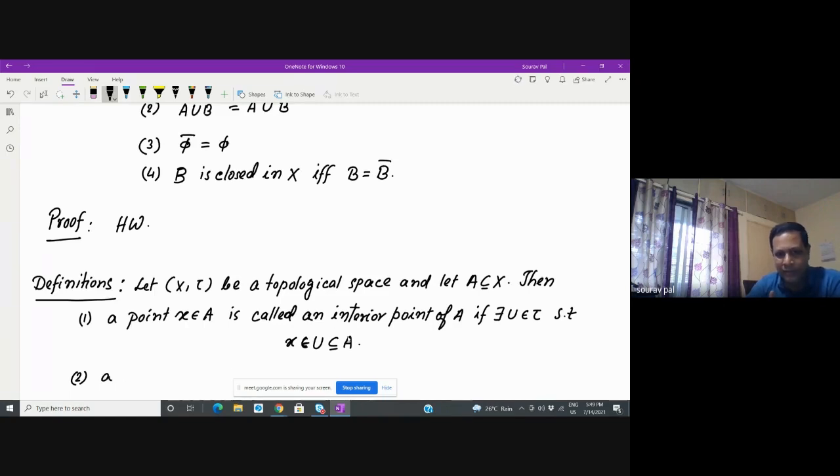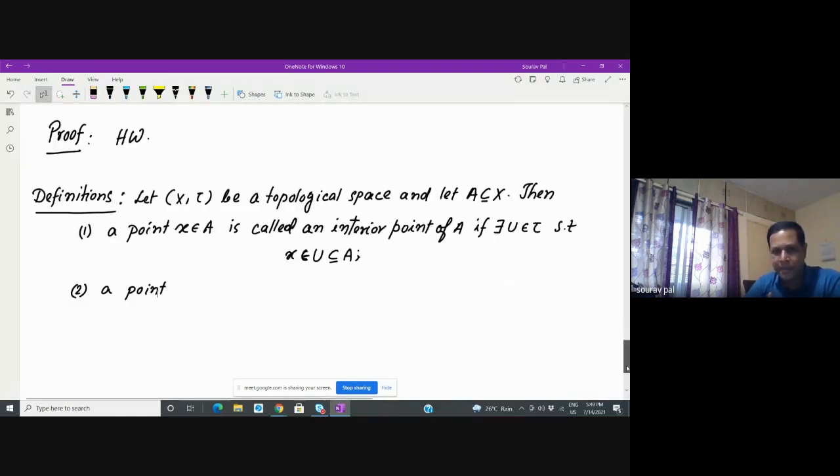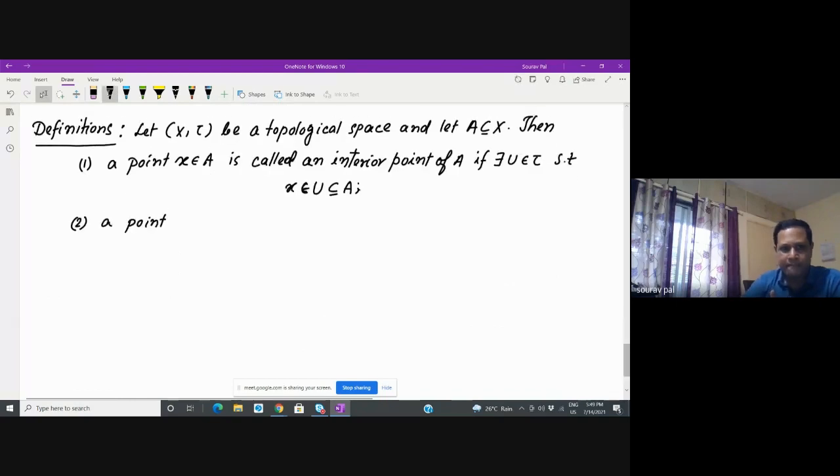And number two, a point x belonging to X. Here it may not belong to A itself.